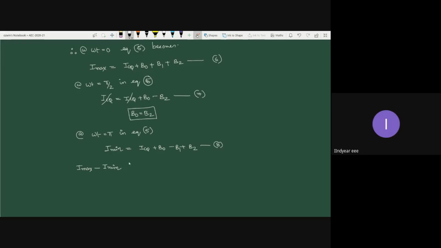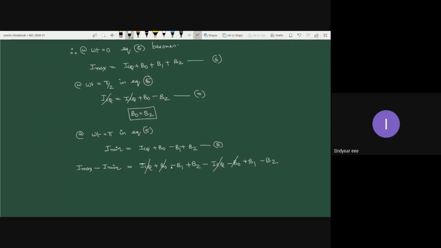So when you perform I max minus I minimum, what do you get? You get ICQ plus B naught minus B1 plus B2, minus I minimum, so it is minus ICQ minus B naught plus B1 minus B2. So ICQ cancels, B naught cancels. What did I miss?